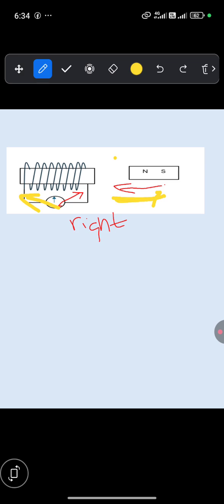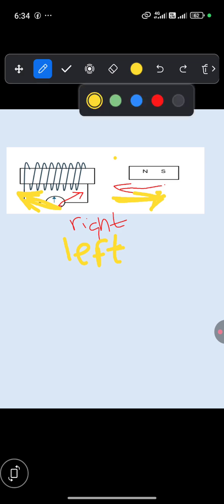Since the magnet is going away, even the needle will go away. So that's how you know the direction of deflection of the needle. In this case, it deflects to the left. Away, it also goes away; approach, it also approaches. So that's how the galvanometer deflects.